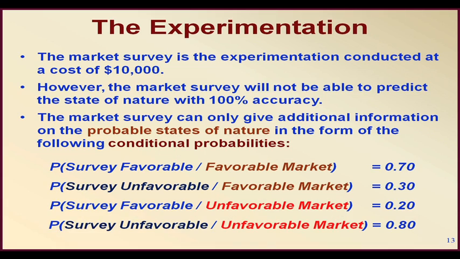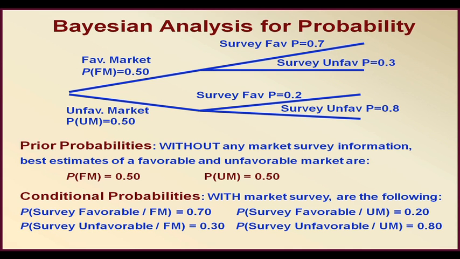Now, let us come back to the problem once again. There was a market survey, the market survey had a cost, and the market survey is not 100% accurate, and therefore there are conditional probabilities, which we have already discussed. Now, we have to do first of all a Bayesian analysis.